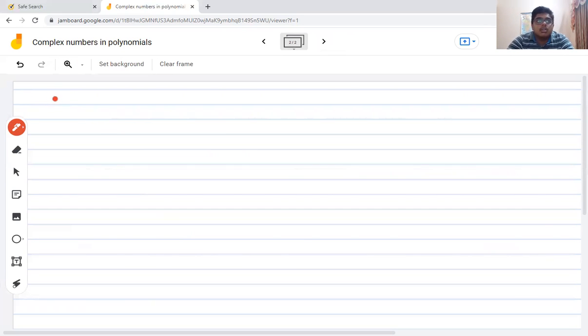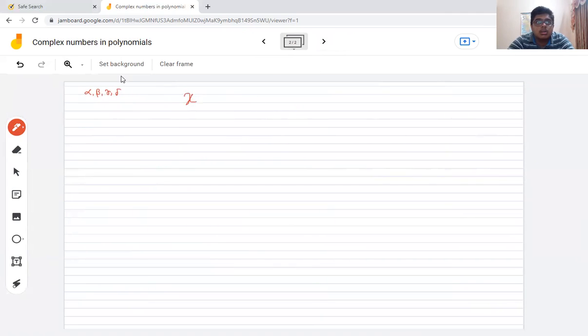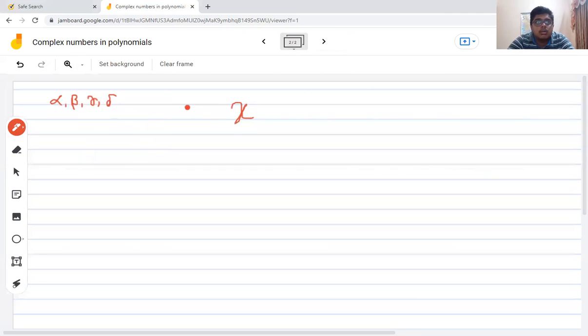The equation given is x^4 + px^3 + qx^2 + rx + s = 0.